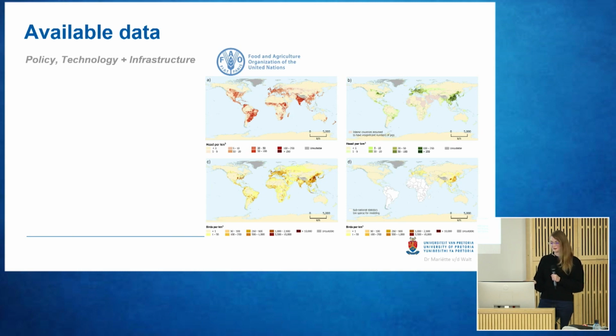Then livestock density data. This I see used quite often. That is the Gridded Livestock of the World, and it's created by the Food and Agricultural Organization.